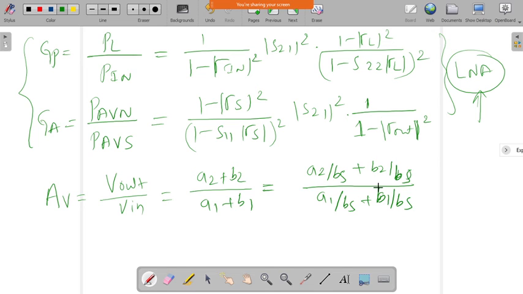Now these ratios we can easily find out. Using the signal flow graph, you will get the expression finally.